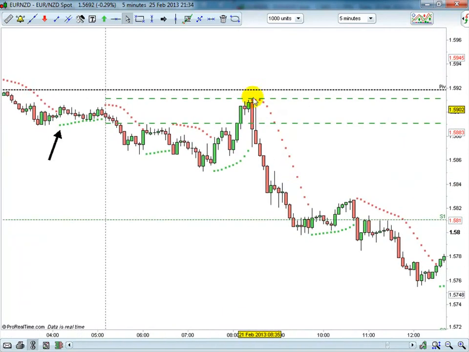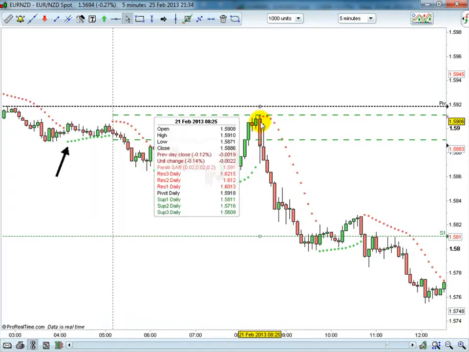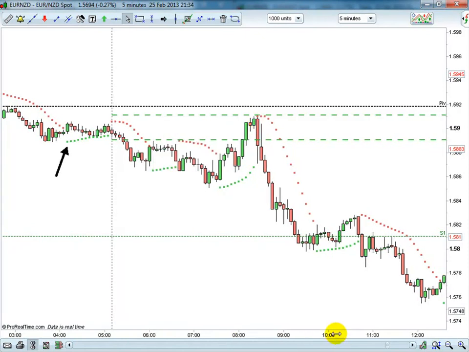So let's say that you went short here, and let's say that due to differences in the price feed between a charting platform like this one, Pro Real Time, which is a hybrid feed, and your dealing platform, maybe there was even a stop trigger here. That's quite likely.